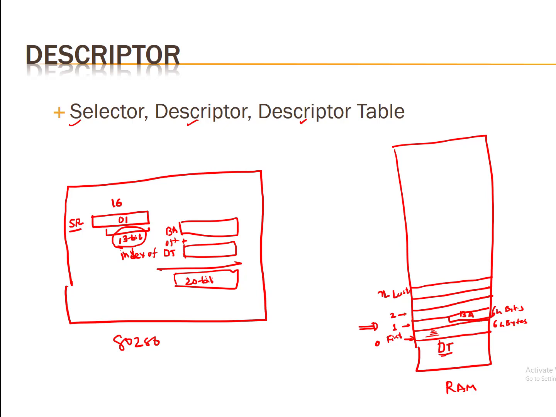This is just an overview of what a descriptor and descriptor table are. This one entry is known as a descriptor, and the n entries where they are stored are known as the descriptor table. And this is known as the selector. This is a 16-bit selector. Out of 16 bits, 13 bits indicate an index into a descriptor table.